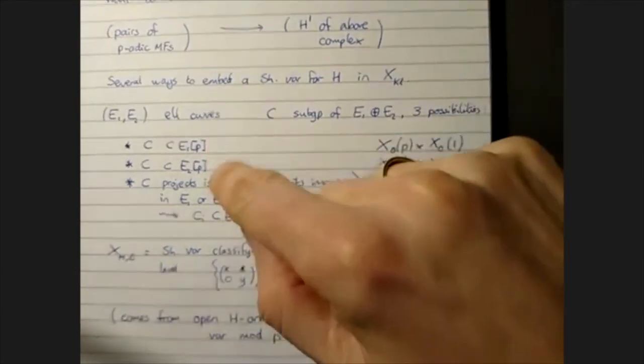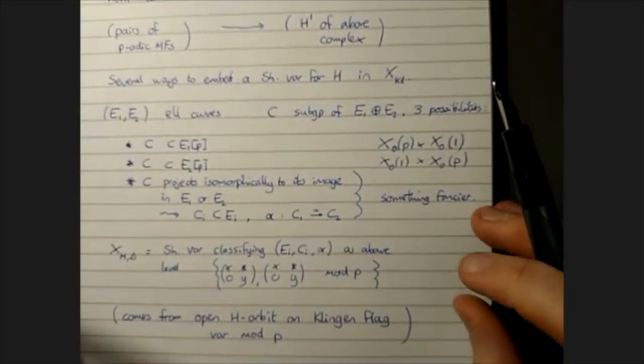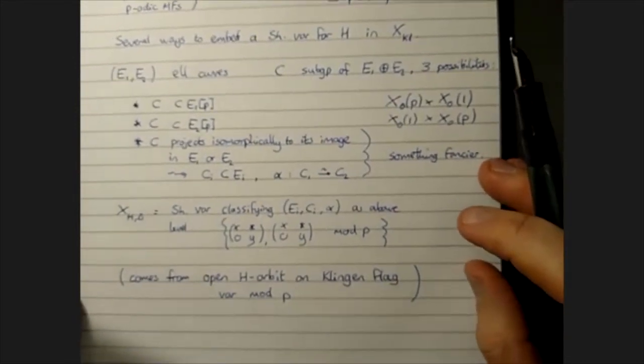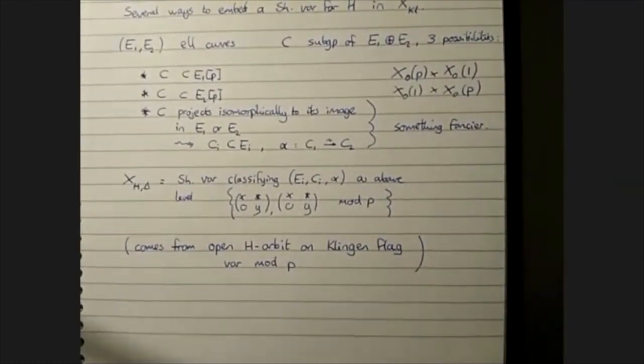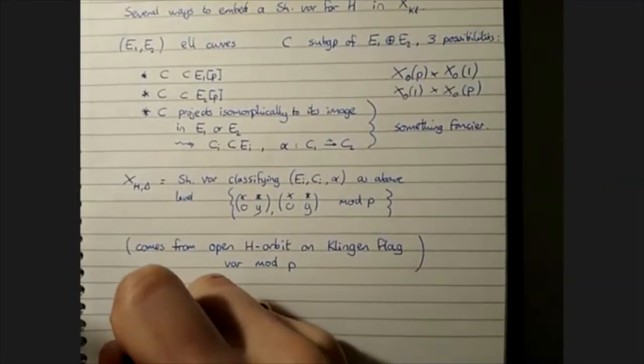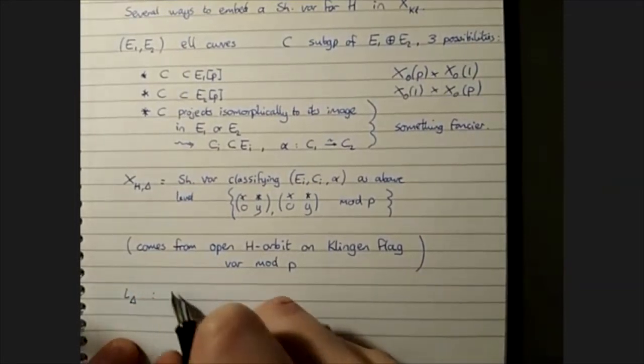There's 2 closed ones, parameterizing lines which are inside one of the 2 subspaces, and there's this extra open orbit. And these open orbits really seem to be an important thing in studying decompositions of automorphic representations to subgroups and so on in lots of different contexts. And there's this map, which I'm going to call iota delta.